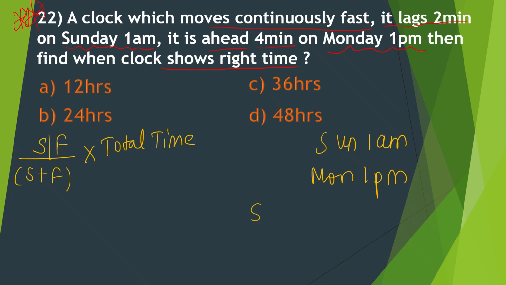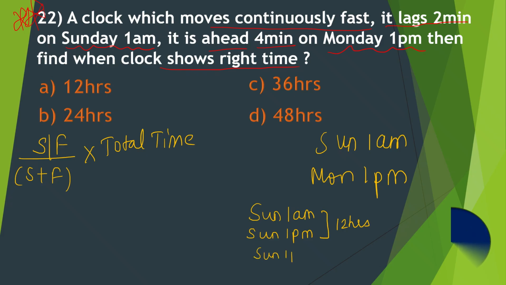Because from Sunday 1 a.m., that is in the morning, if you start till Sunday 1 p.m., in the afternoon, it will be 12 hours, correct? Then from Sunday 1 p.m. to Monday 1 a.m., correct? That is in the morning, it will be 12 hours.